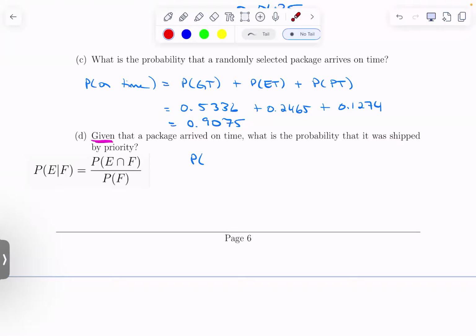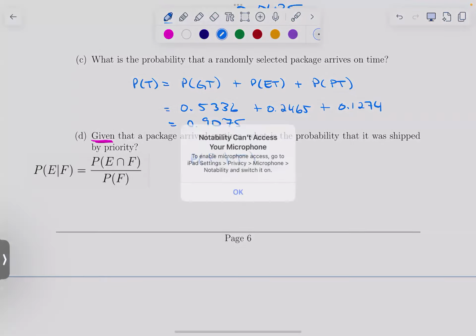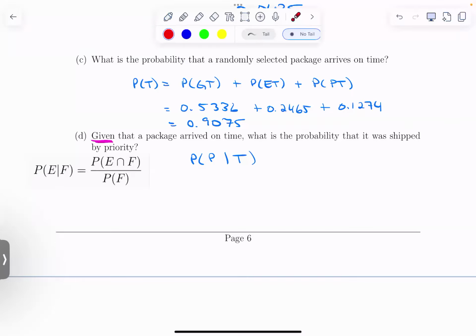The probability of shipping priority, which is our P, given that the package arrived on time. So given T. Oh, and you know what? Because we just did this work, I'm going to just write this here: probability of T. Instead of writing the probability of on time in words, we do have notation for it, right?